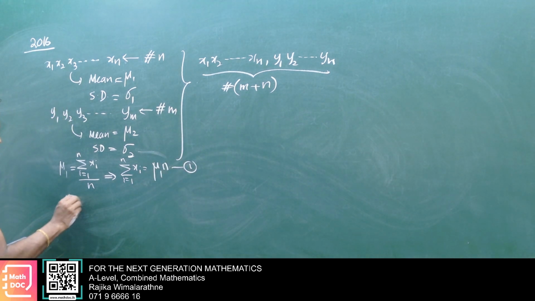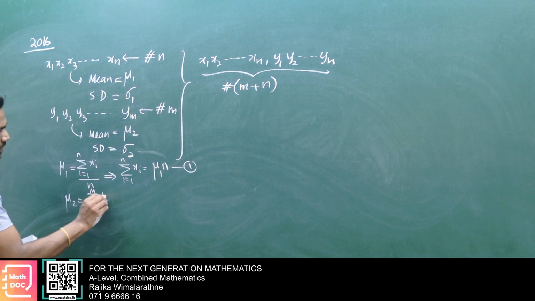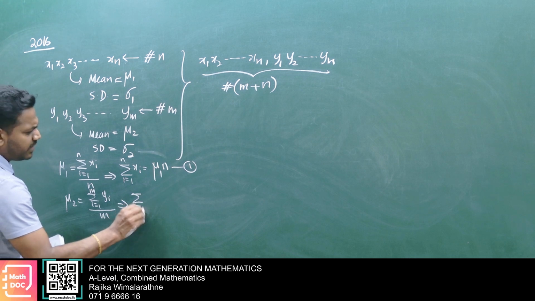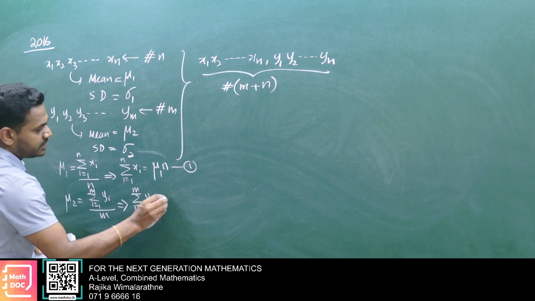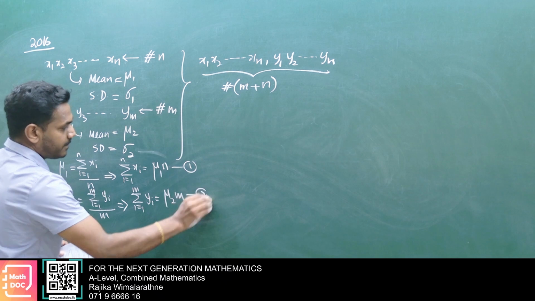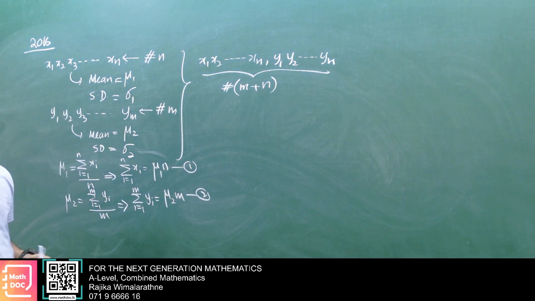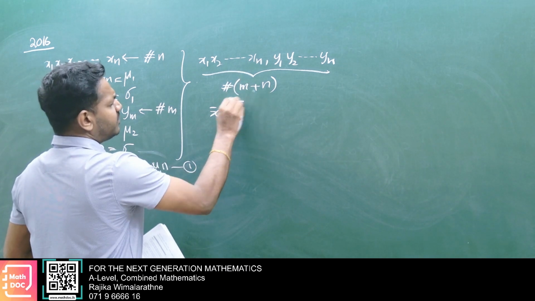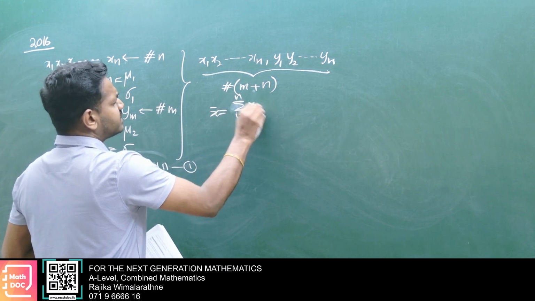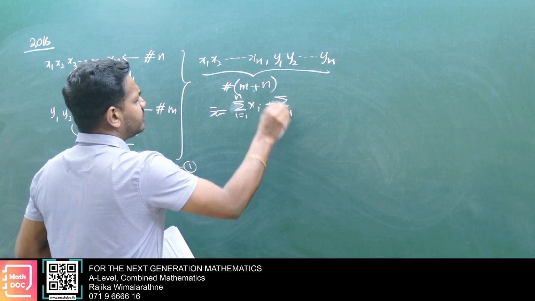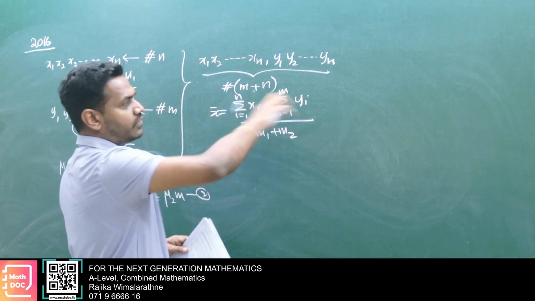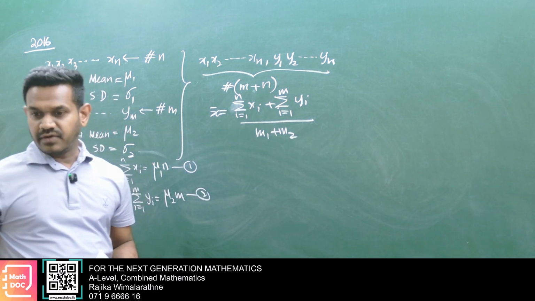Then mu2 equals the sum for i equals 1 to m of yi divided by m, so the sum of yi equals mu2 times m. Then the mean equals the sum of xi plus the sum of yi, divided by n plus m, that is, total sum divided by total count.